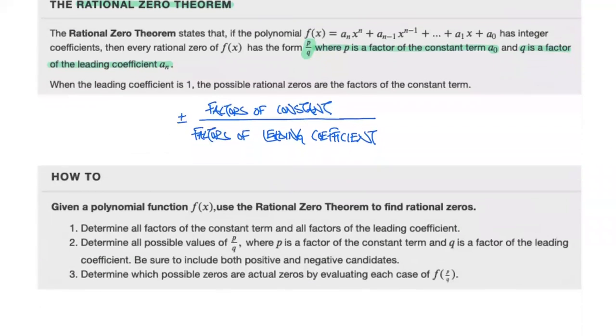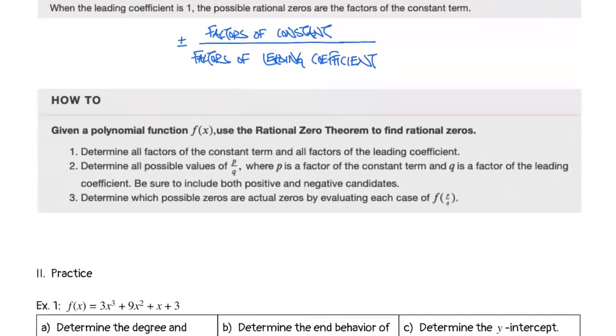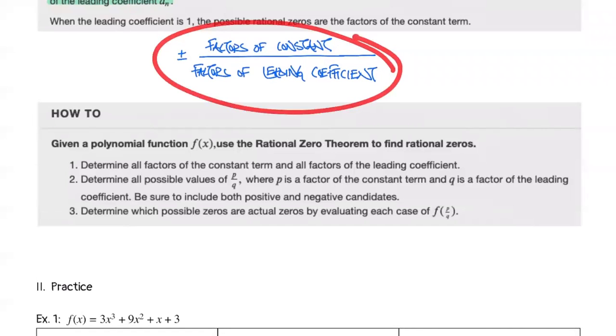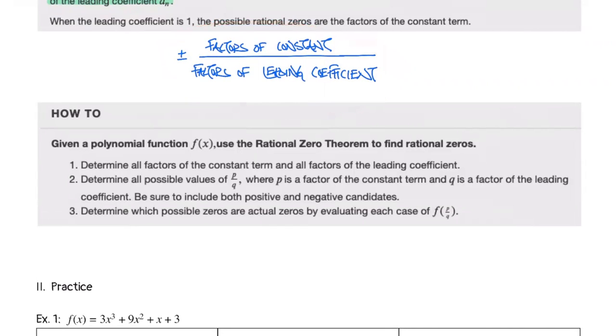The last thing I wanted to share with you is from your textbook, OpenStax, which is free. You can go back to this textbook anytime you want in future classes. If you forgot about something, there's a free online textbook you can look back at. This how-to tells you how to find that list: how do we find the factors of the constant, how do we find the factors of the leading coefficient, and then making sure that we have the positive and negative candidates.